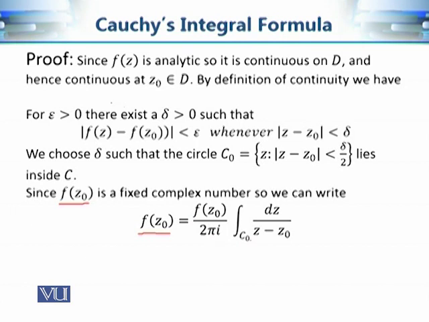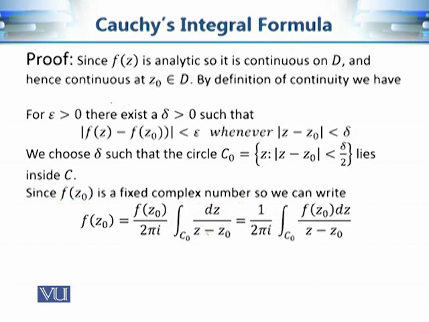Why does this equality hold? Because we know that this quantity is equal to 2 pi iota, and the 2 pi iota and 2 pi iota will cancel each other, and we will be getting f of z0. Since f of z0 is a fixed complex number, it is a constant, so we can write it inside this integral sign. It will be a simple task.